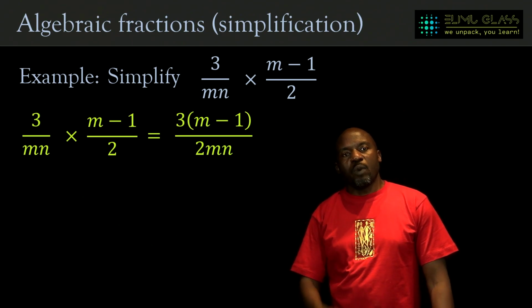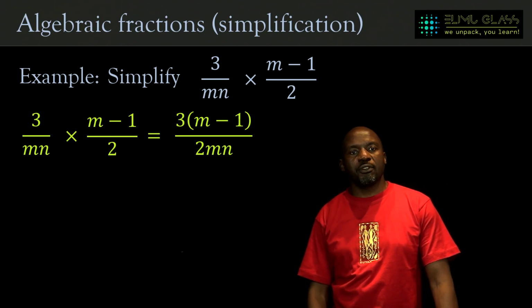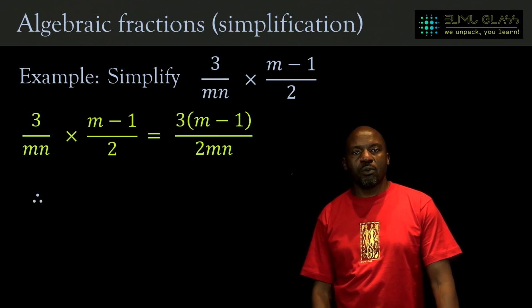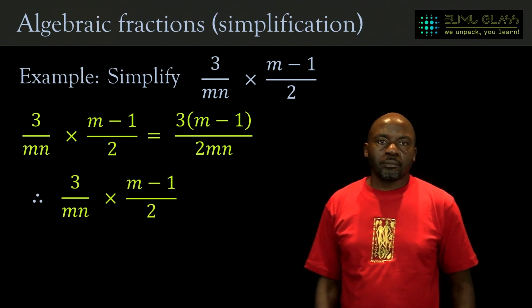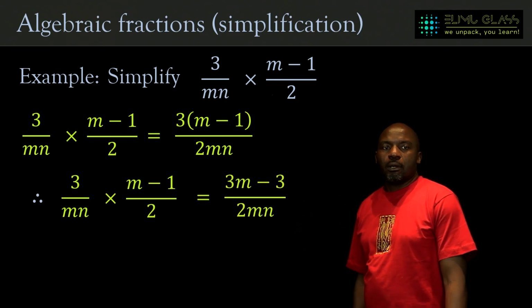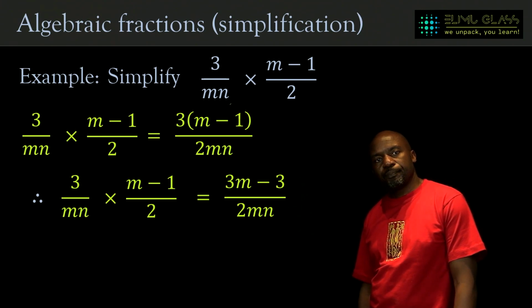We can leave our answer like that, and if you like, you can open the numerator and you have 3m minus 3. It doesn't really matter. This is already a good answer as it is. So that becomes the solution to the problem.